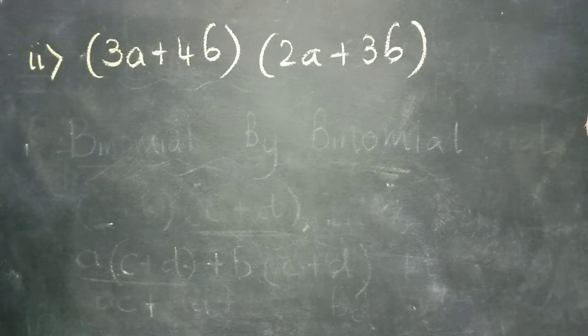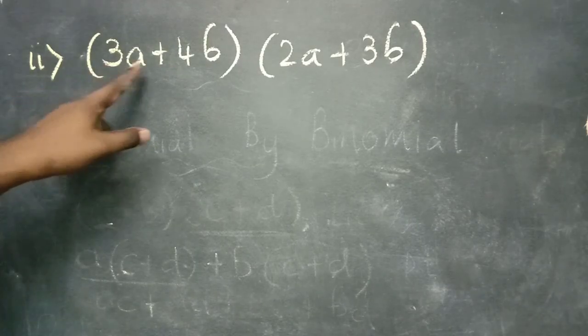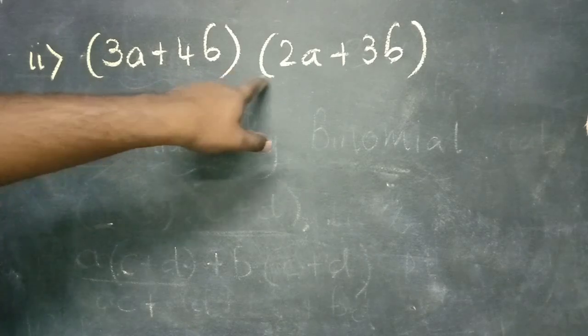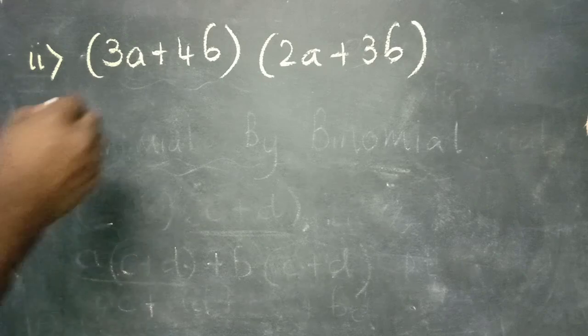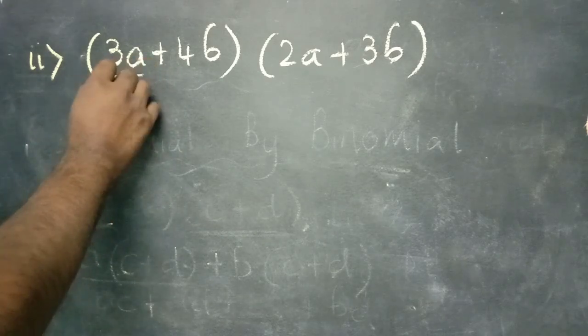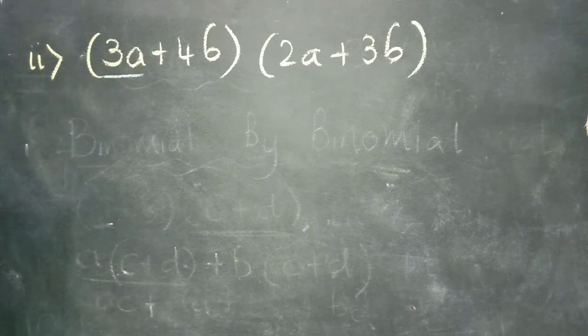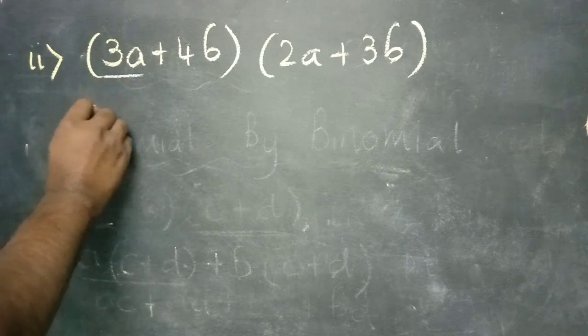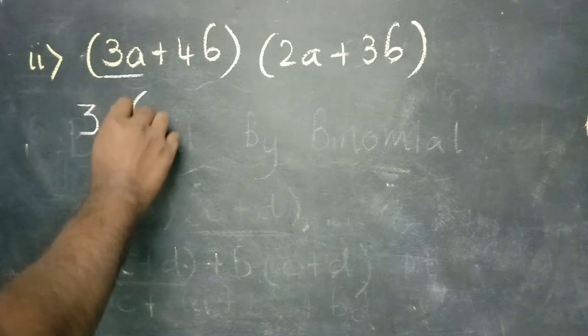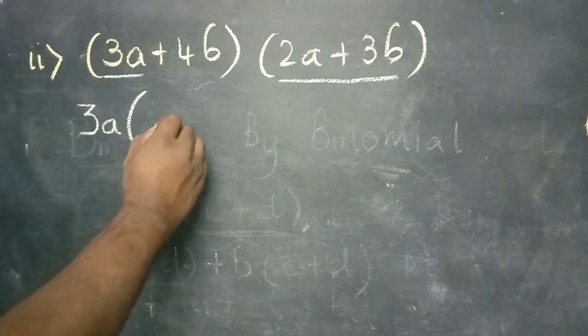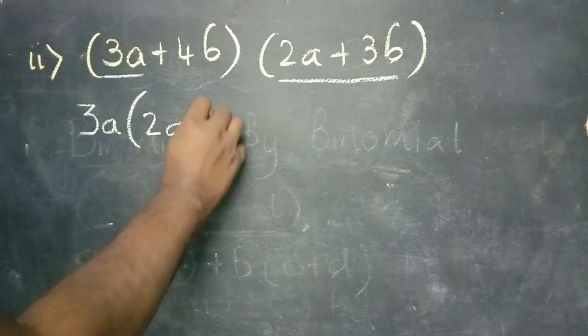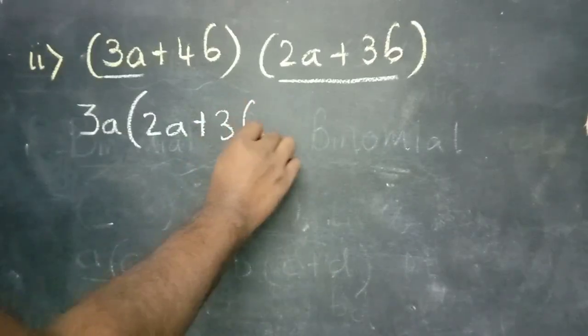Moving to the second example, 3a plus 4b into 2a plus 3b. Now take the first term of the first binomial, that is 3a, and multiply with the whole second binomial, that is 2a plus 3b.